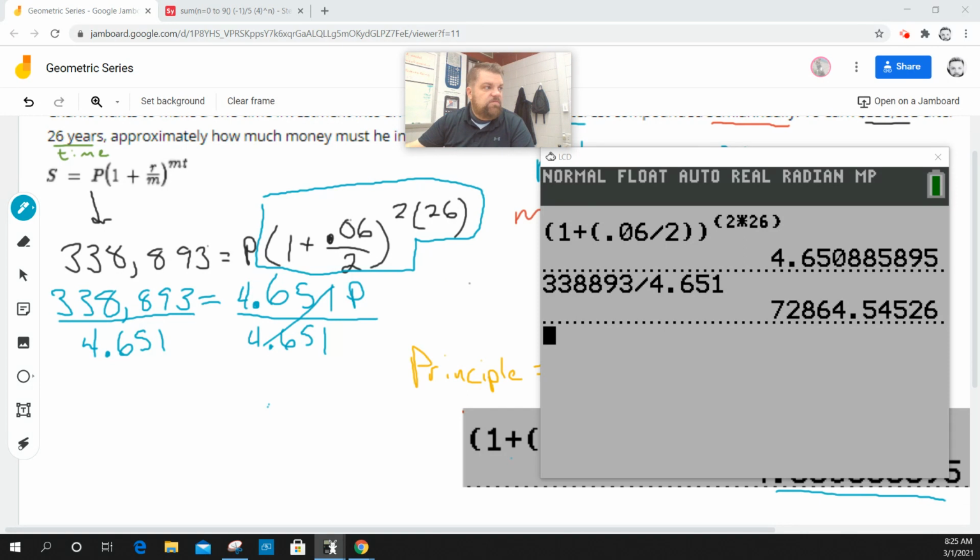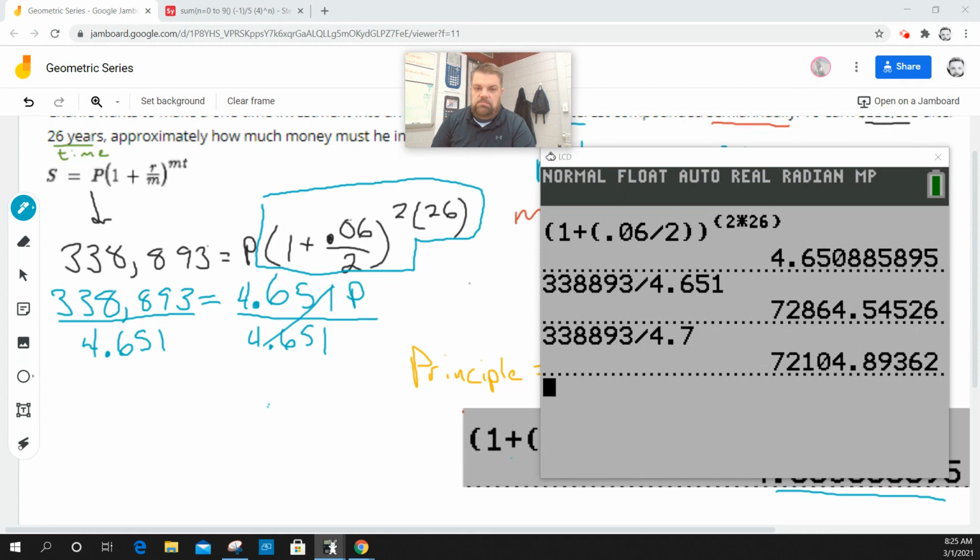I wonder if they did 4.7. Let me try that again because the answer is slightly different. I think they did the whole decimal, so let's do that.